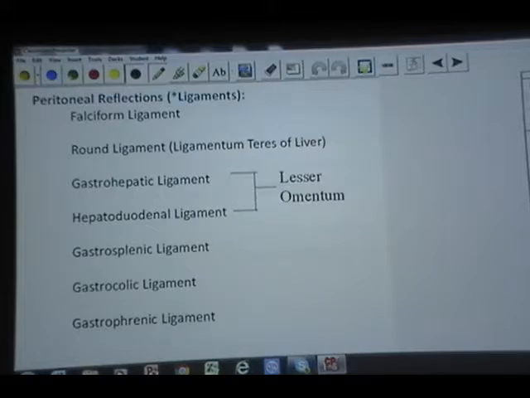We'll see where that is as we move into the organ systems.